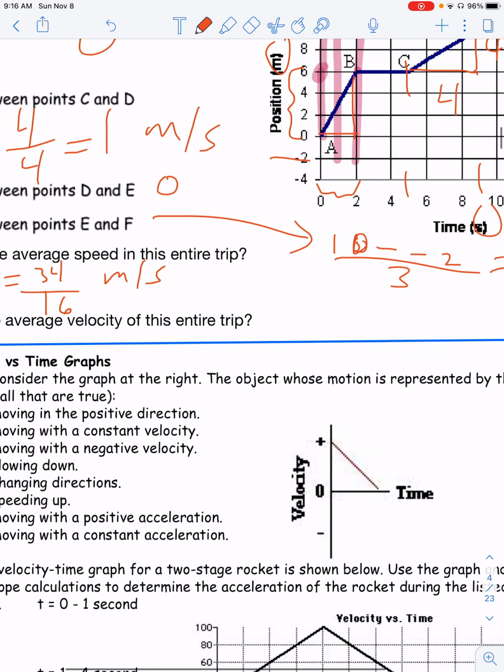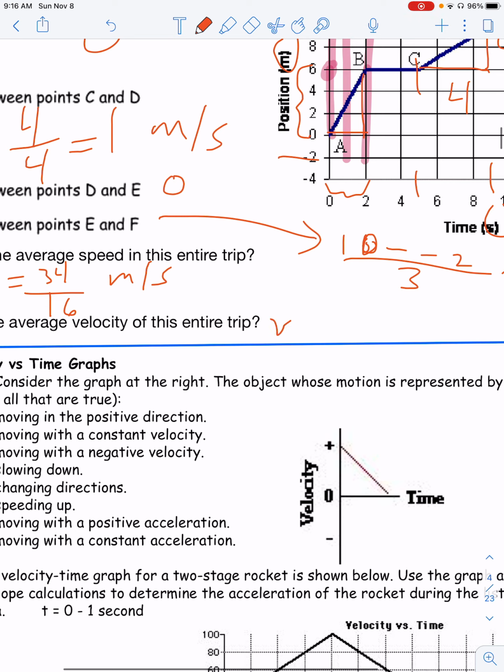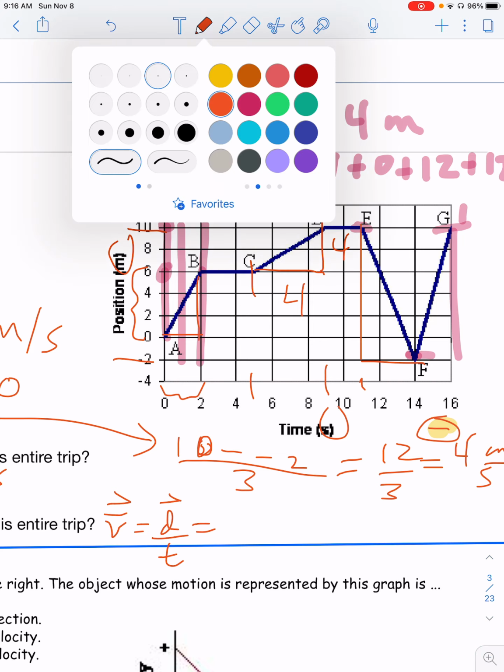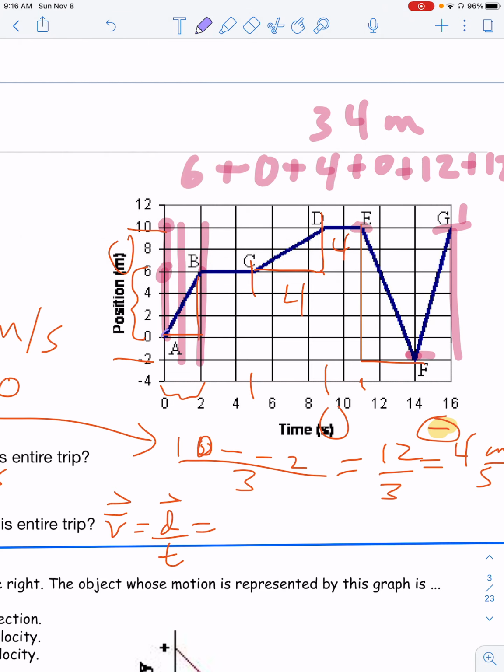What's the average velocity of the trip? That's displacement over time. Displacement is from the start to the finish. Let's do a different color. Here's the starting point, which happens to be 0. And where's the finish point? Way up here. From the start to the finish is positive 10.